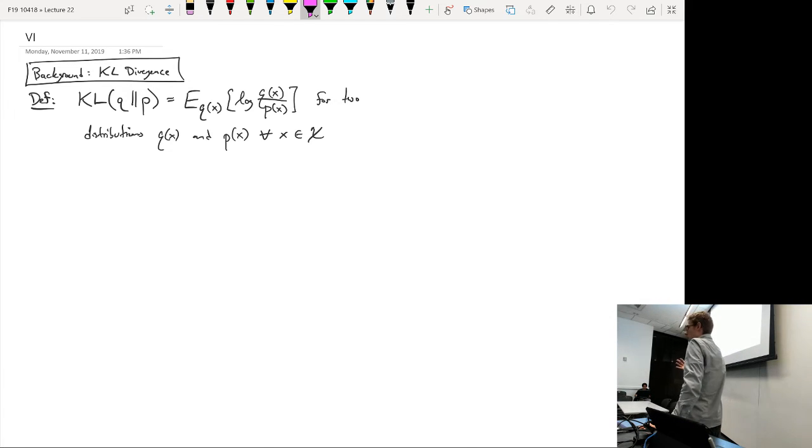So the two distributions have to be distributions over the same output space.